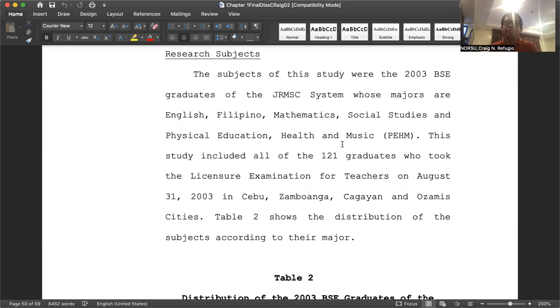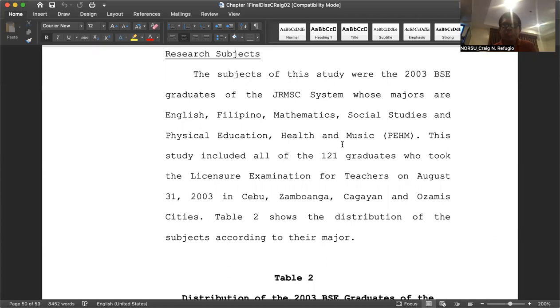Hello, everyone. I mentioned research respondents or respondents of the study. That's the variation. Another variation is research subjects. You might ask, what's the difference between research subjects, research respondents, research participants, or participants of the study?